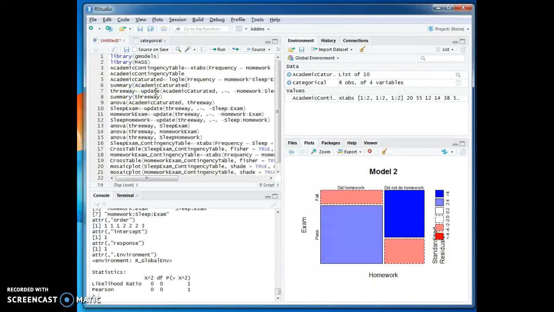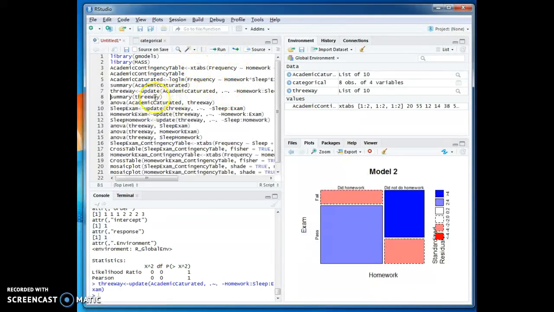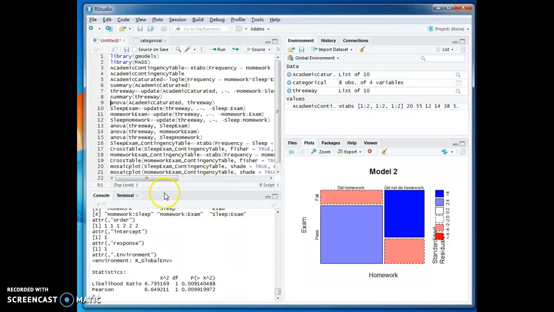Right here, this function removes the three-way interaction, and this is the summary of the model without the three-way interaction. As we can see, the p-value is less than 0.005, which means this model is a poor fit to the data.